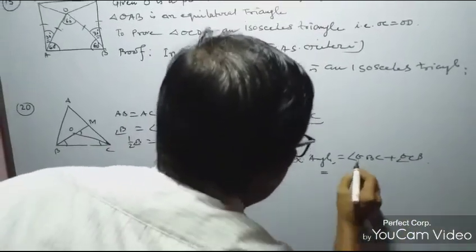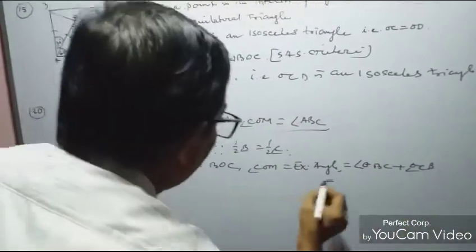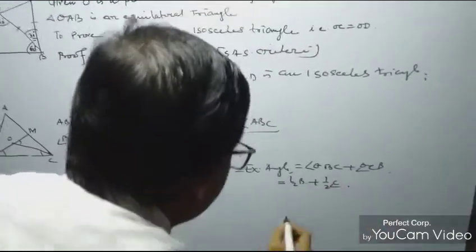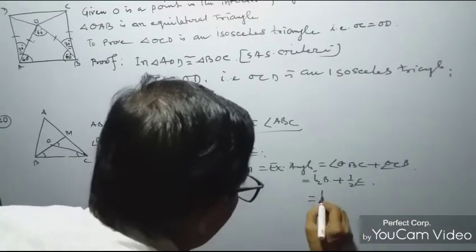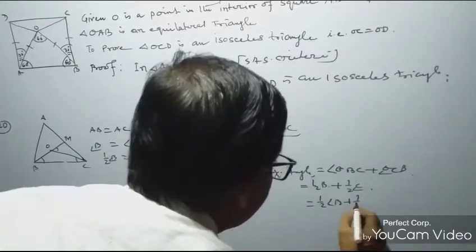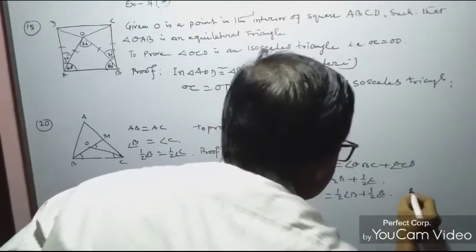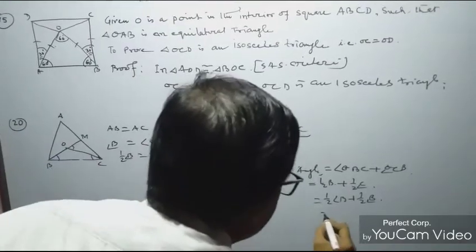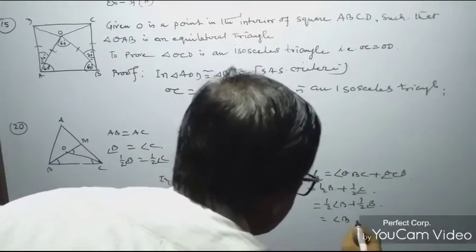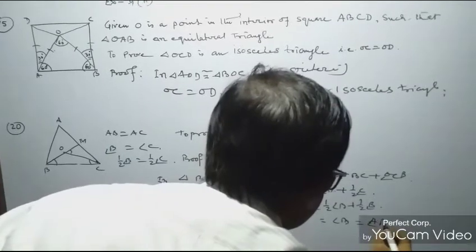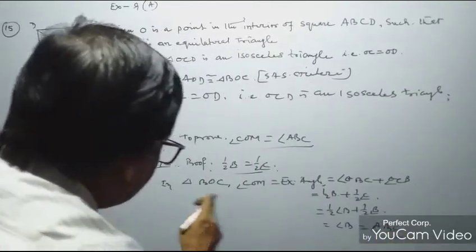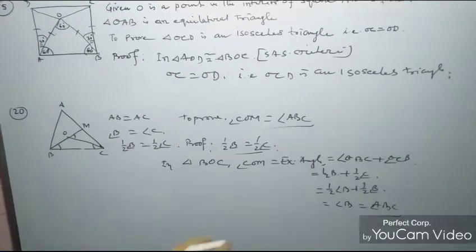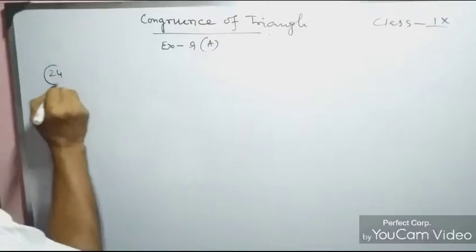See, OBC is half of angle B and OCB is half of angle C, and this is equal to half of angle B plus half of angle B, because half of angle C equals half of angle B. So we can say this is angle B, that is angle ABC, and angle COM equal to angle B. This is proved.